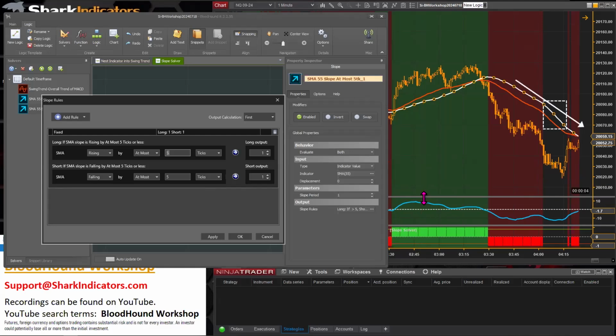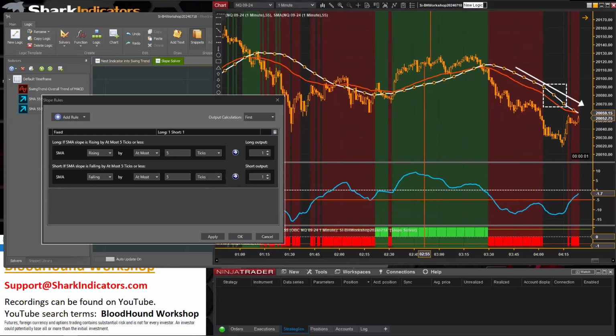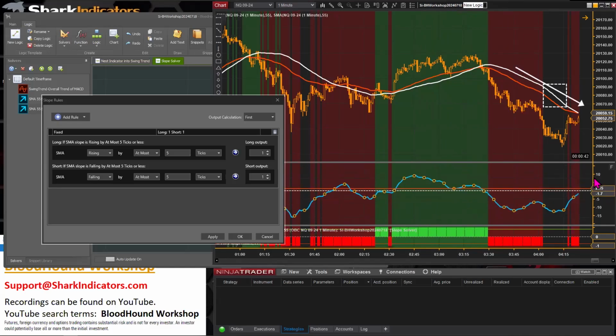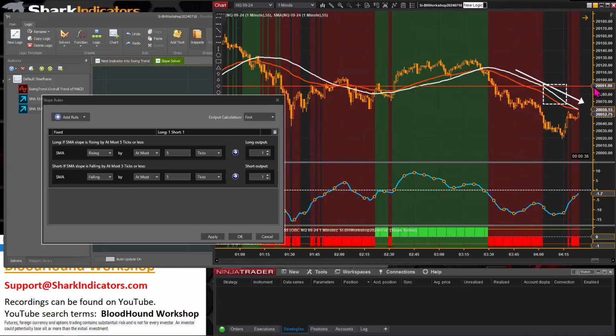But indicators on their own subpanel, like the MACD, the stochastic, CCI, all those momentum indicators, don't have ticks. So indicators that have their own scaling, separate from the price, are measured in points, right?